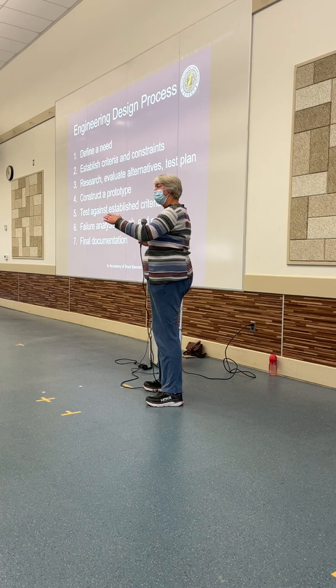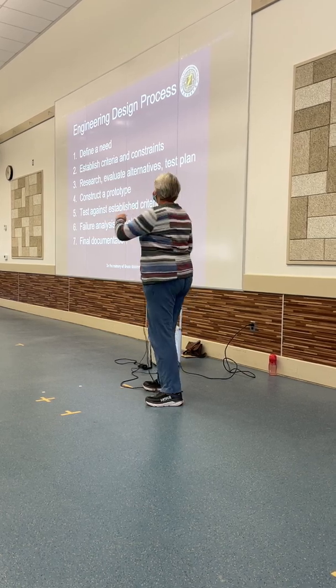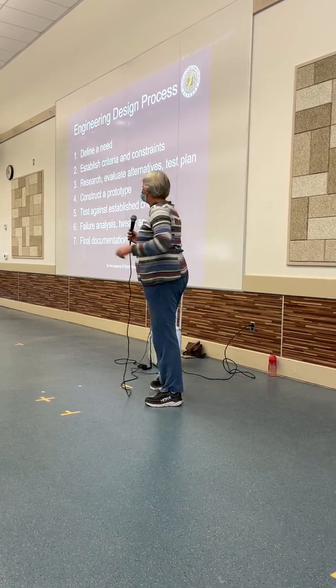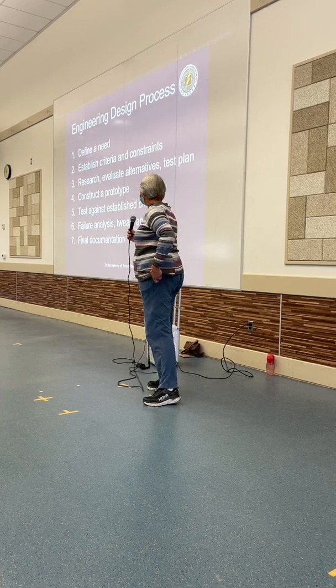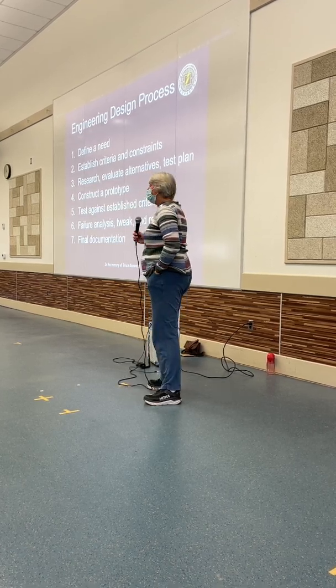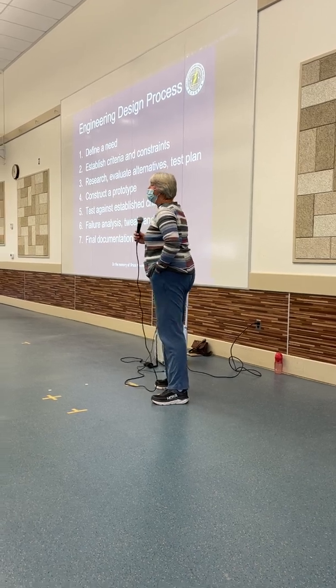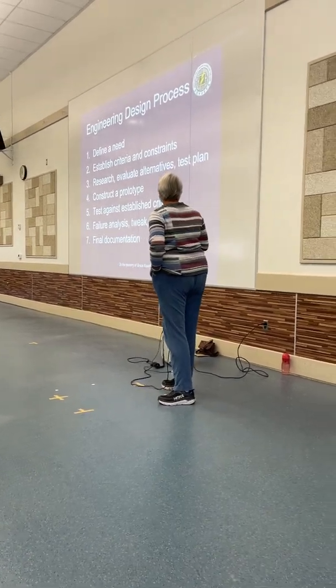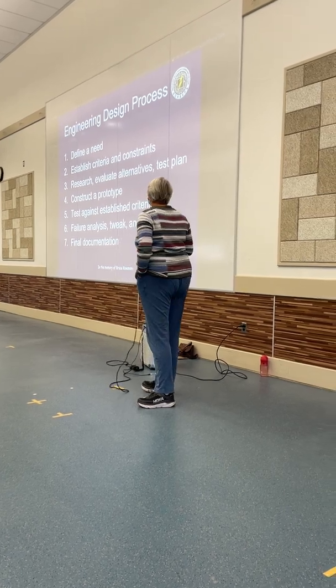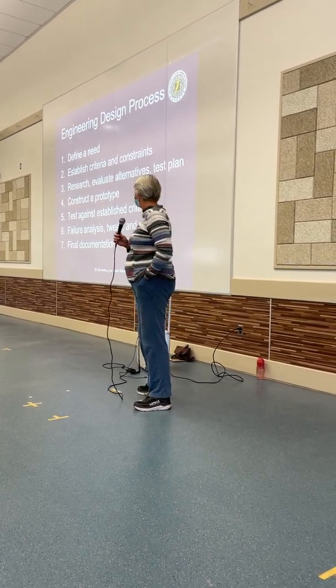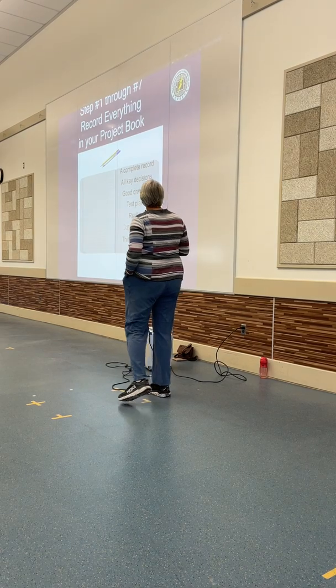Then you construct the prototype, you test it against the criteria you established in 2 using the test plan you put together in 3, and then you do a failure analysis. I'm sure it isn't going to work the first time, so you're going to have to tweak it and retest it, and then you document what you've done. So if we move on.